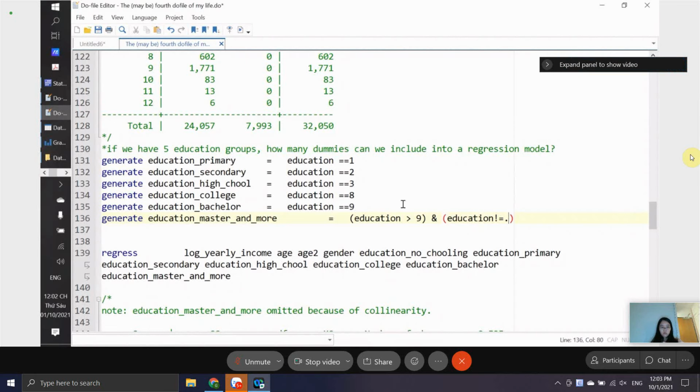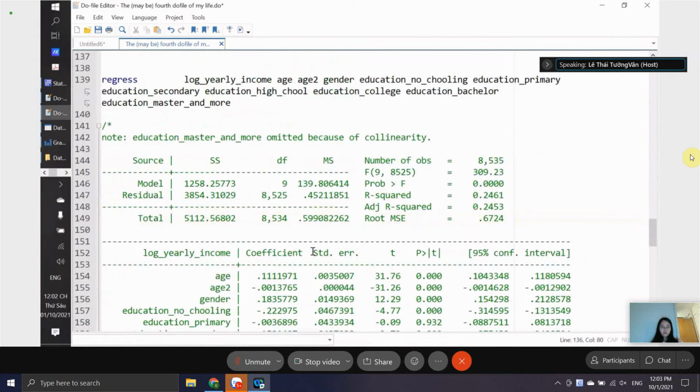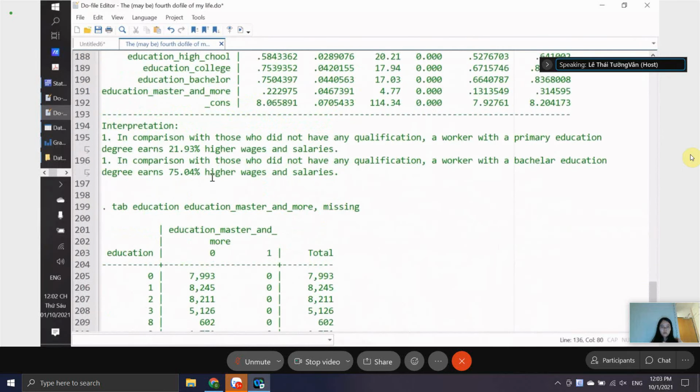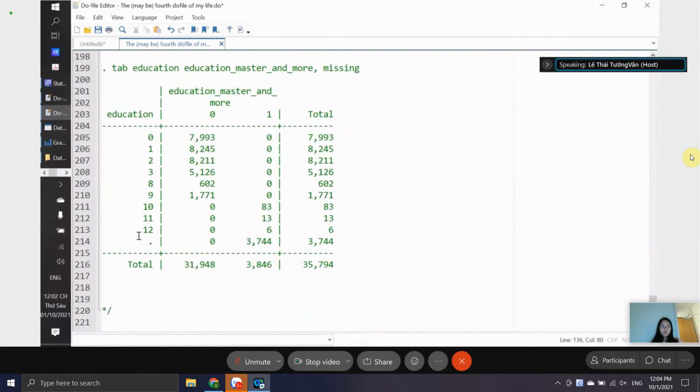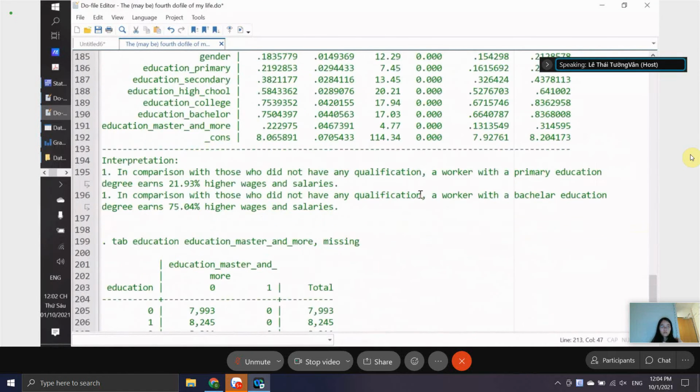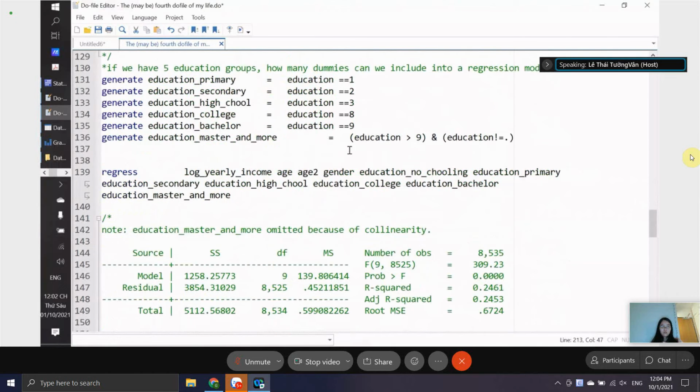Actually, this is not very satisfying because there is another group having other qualification. We do not know what other is, right? Which is equal to 12 here, other qualification. So in this case, I think it will be safer to do this one: and the education is smaller than 12.